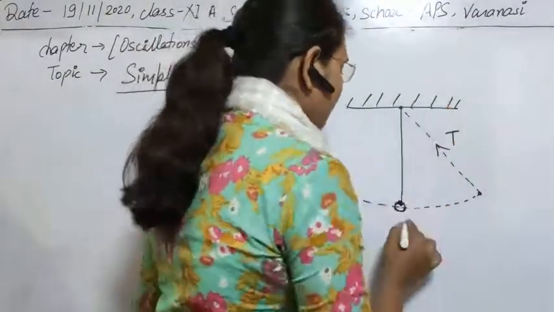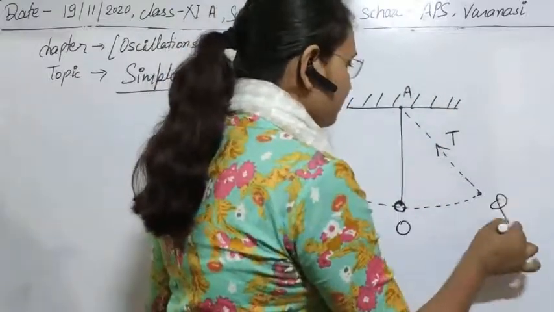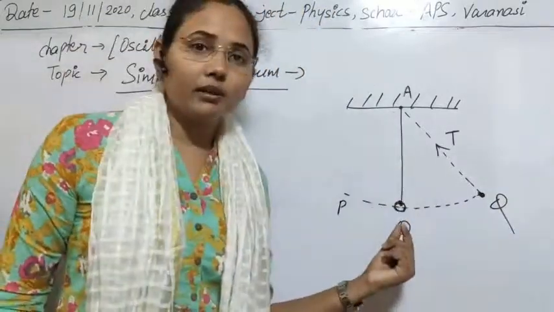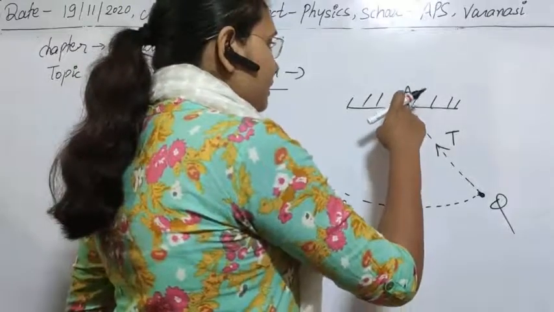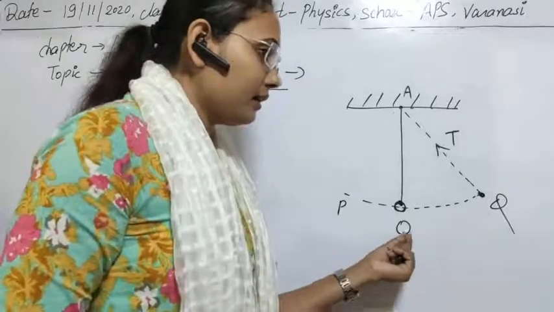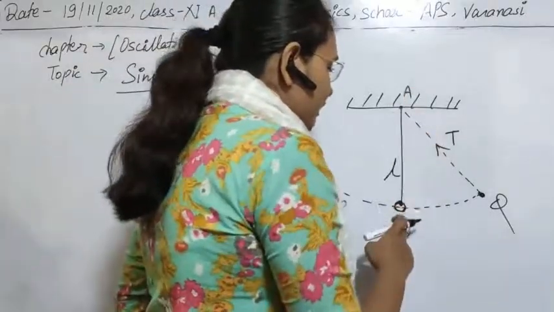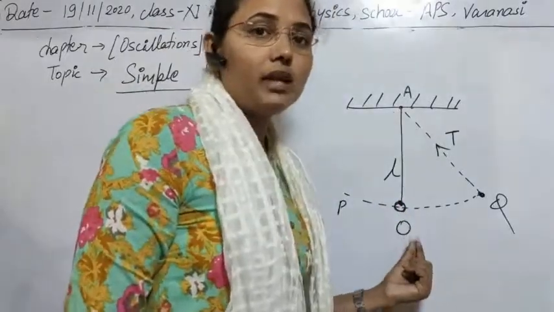Suppose this is O, this is A, this is P, this is Q. Clear? So what will be the equilibrium position or mean position? The point of suspension is A, and if the length of the string is L, then the point O below it is known as its equilibrium position or mean position.